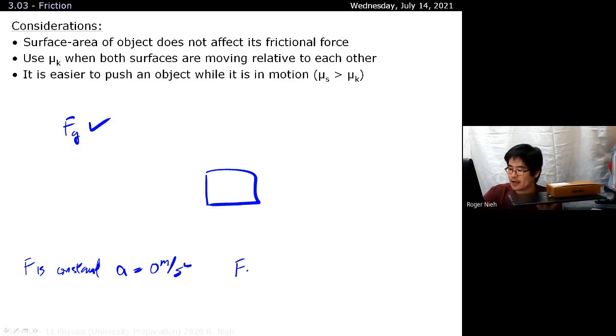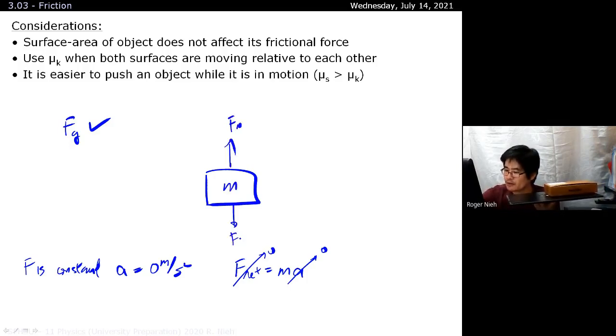And if you take a look at F net, if it's equal to ma, if a goes to 0, then F net also goes to 0. Okay, here's the next part. Let me finish off with the free body diagram over here. Okay, so we have our normal force, we have our force of gravity, I have my force applied that I'm pulling it at, and the force of friction, which is fighting backwards.